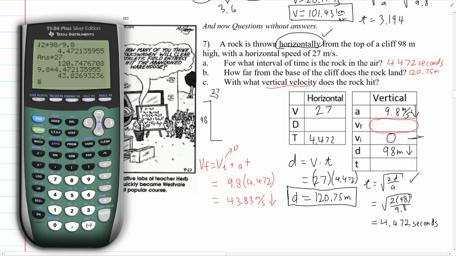Make sure you put the direction there because it's asking for the vertical velocity. A direction is required.